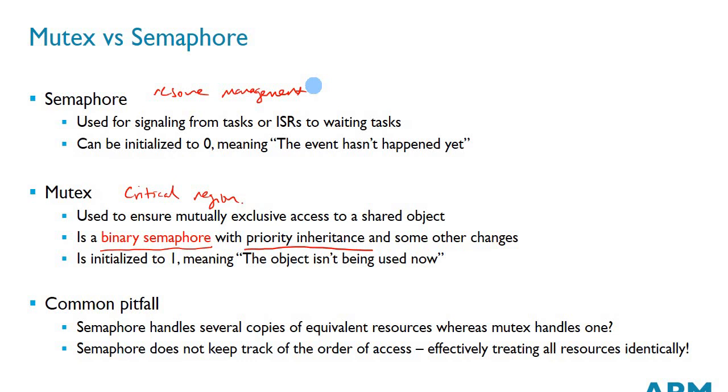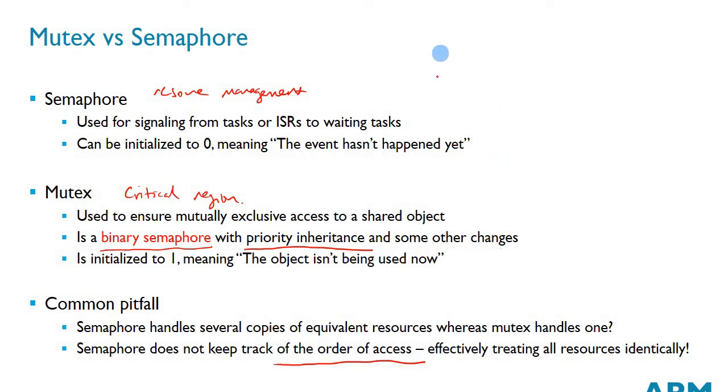But of course, this is the general guideline for using semaphores and mutex. And one of the key things, priority inheritance, we will be discussing more in a future tutorial. Another important thing is that a semaphore does not keep track of the order of access of shared resources, so it treats all resources as identical.